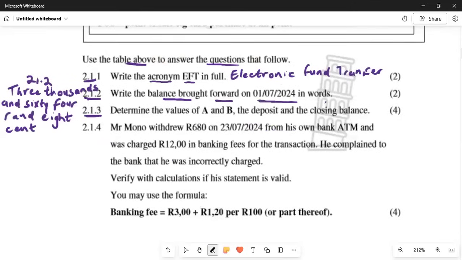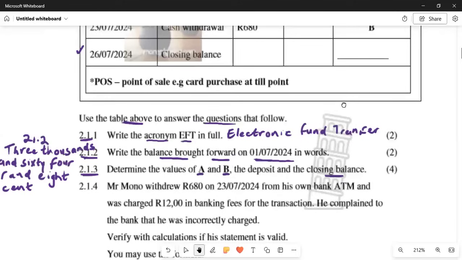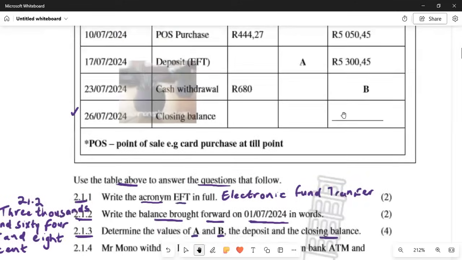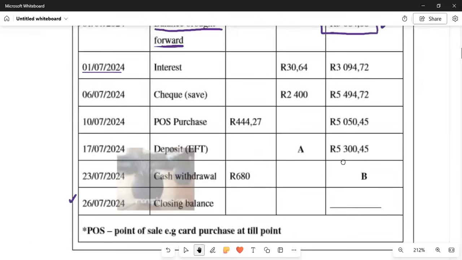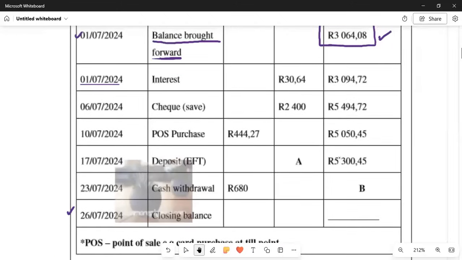Then in moving on, we are having 2.1.3. They say determine the values of A and B, the deposit and closing balance. That is for 4 marks. For us to understand, A is situated over here, and then B is over there near the closing balance.